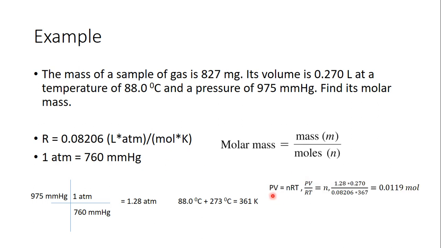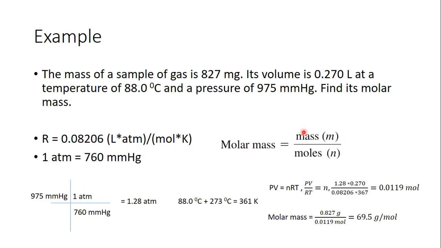We can then use the ideal gas law. So PV equals nRT. We want to solve for the number of moles we have because we want to find the molar mass. We have a mass, but we don't have moles. So I'm going to plug in pressure, volume, gas constant, and temperature, and see we're working with 0.0119 mole.